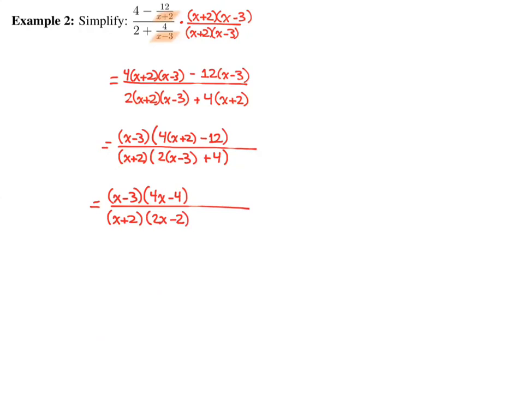Okay, so we're looking good, except that they both have common factors still, right? There's a 4 we can factor out of the numerator to turn that second term into x minus 1. And a 2 we can factor out of the denominator to turn that second term into x minus 1. And then, there we go, the x minus 1s cancel.